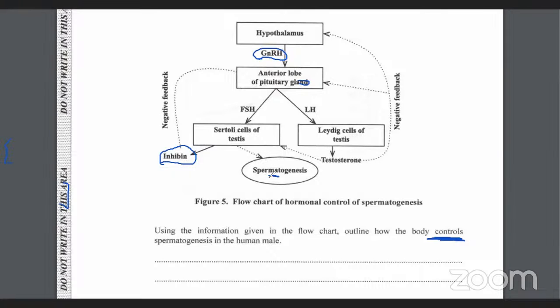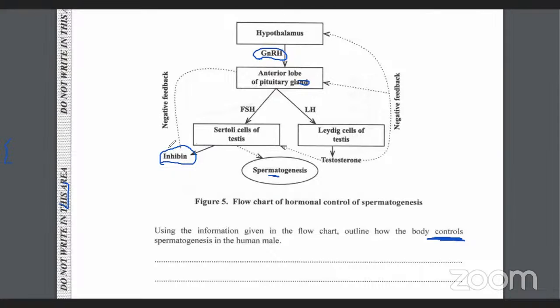Now, once spermatogenesis gets to a certain level, we're looking at the control now. This cell will secrete inhibin. So inhibin is not produced until this gets to a certain level and we want it to stop there.